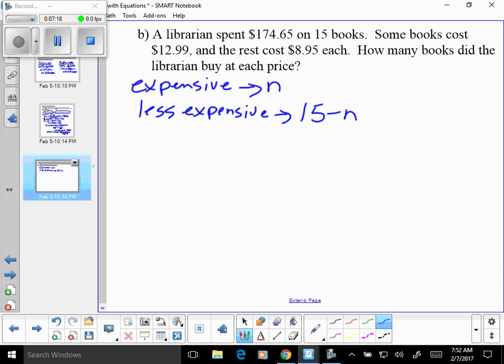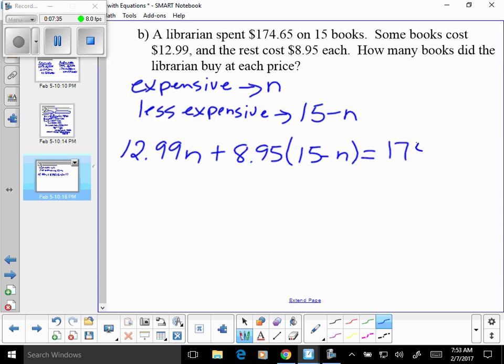Now I need to set up the equation. So you're going to have $12.99n. That would be the money for the expensive books, plus $8.95 times the 15 minus n is going to be our total of $174.65. The distributive property has to be used next.